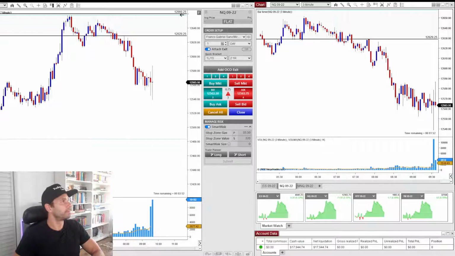For instance, the NQ is the one holding the better. ES is dropping a little bit after the open. And the other three, like the RTY and the YM, are similar. The NQ is kind of like holding better.